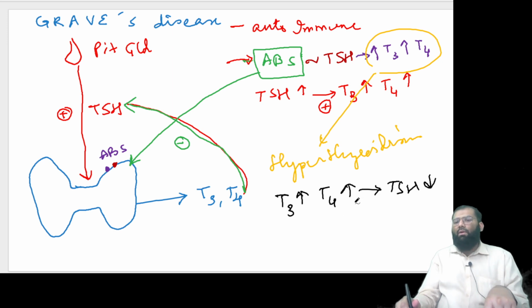And the level of antibodies like TSH, the stimulatory antibodies, would be high.